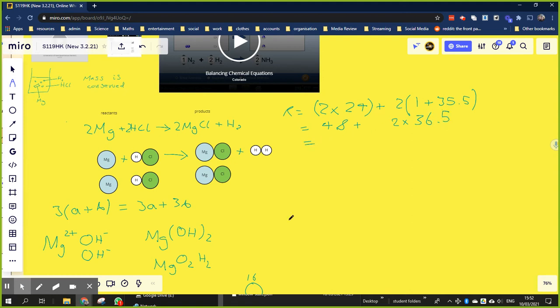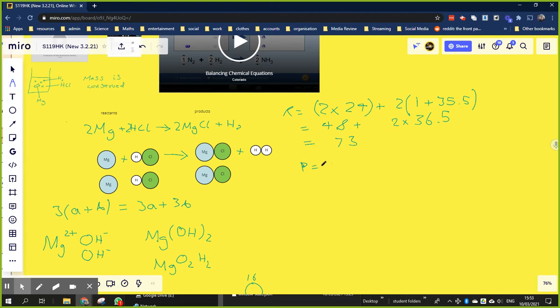I mean, you get to use a calculator, of course, in science exams anyway. So 73. So that's the relative formula mass of all of them added together on the left-hand side, and that's the reactants.